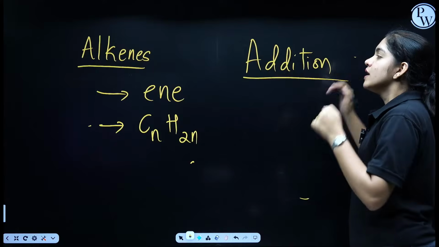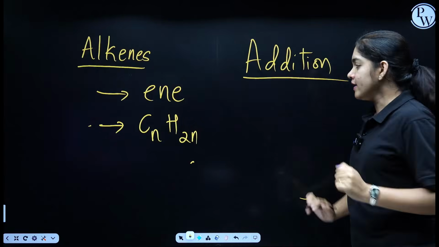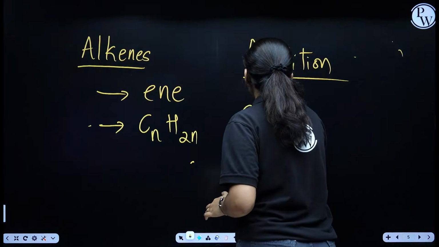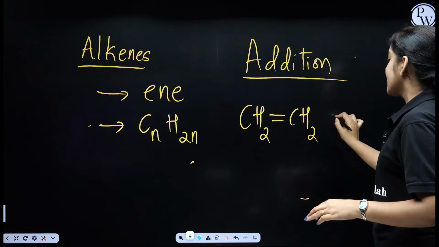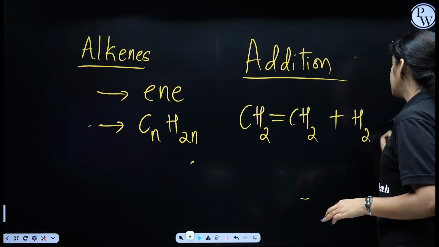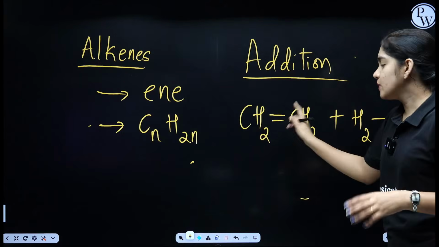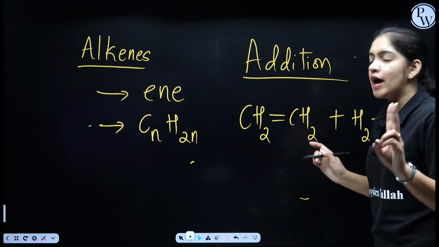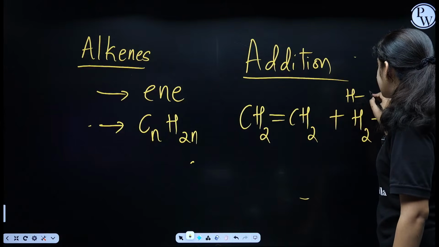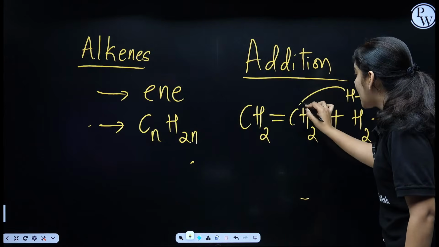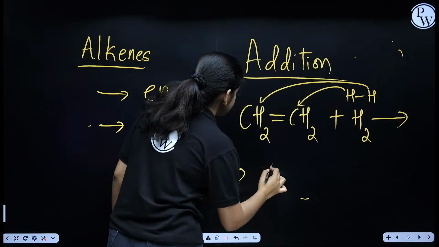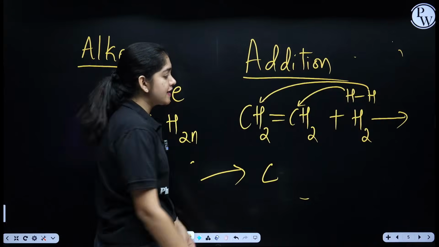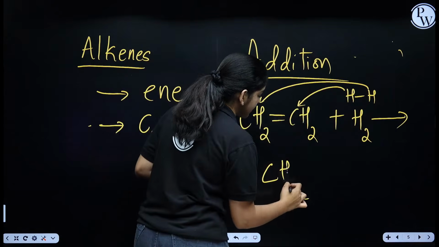So we can take an example for alkene, the simplest one, CH2=CH2, and I'm going to add a hydrogen molecule to it. What will happen? Here a double bond is there. A hydrogen molecule means two hydrogen atoms. We can write one hydrogen here, one hydrogen here. One can be added to this carbon and one to this carbon. So the product will be: already two hydrogens are there, one more hydrogen is coming, so it will become CH3.